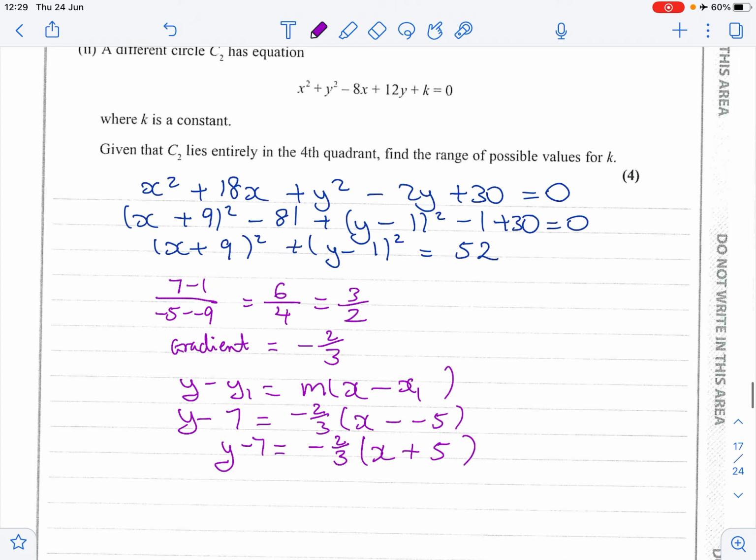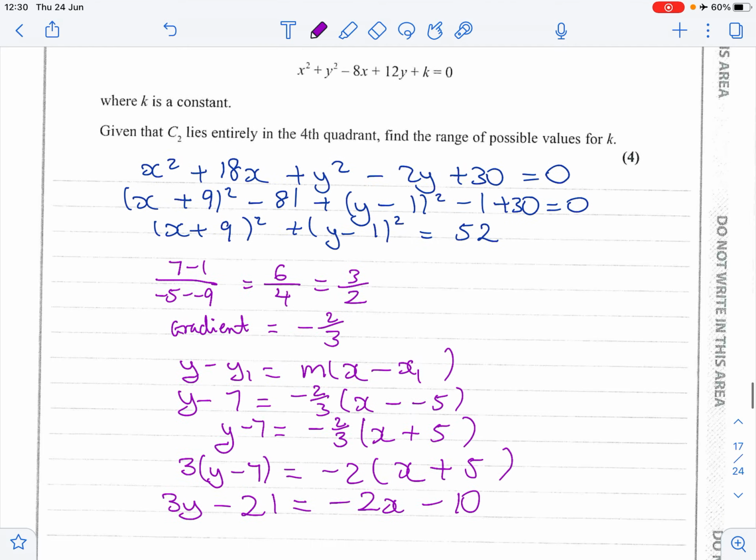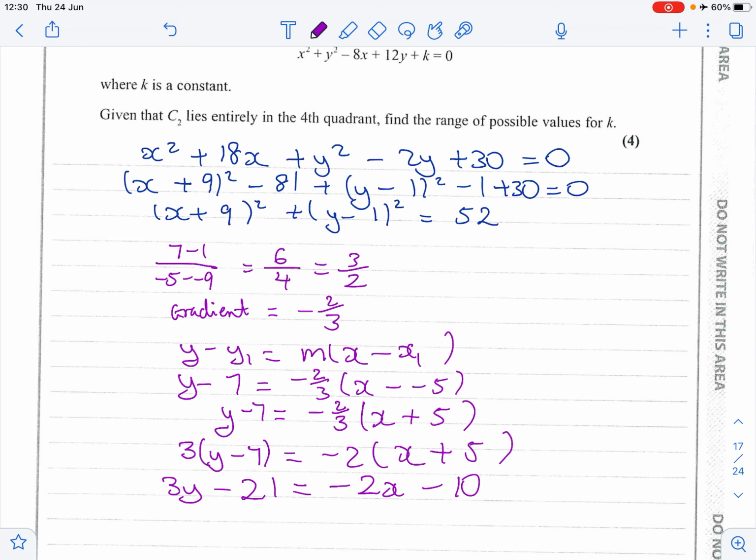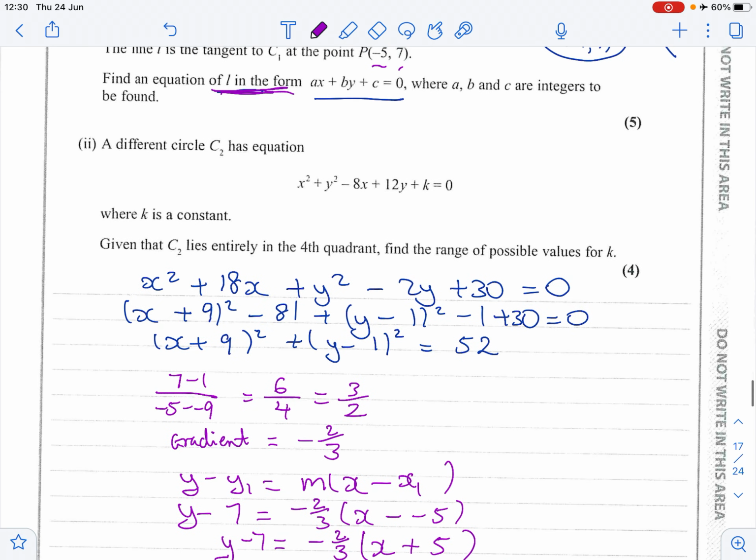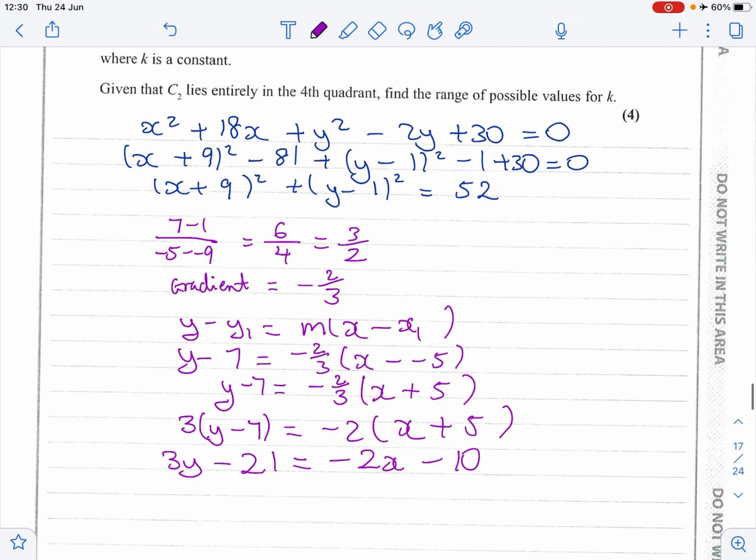Then I'm just going to multiply both sides by 3. So I have 3(y minus 7) equals minus 2(x plus 5). Then expand our brackets. 3y minus 21 equals minus 2x minus 10. Then rearrange our equation in the format required. So I have 2x plus 3y minus 11 equals 0.